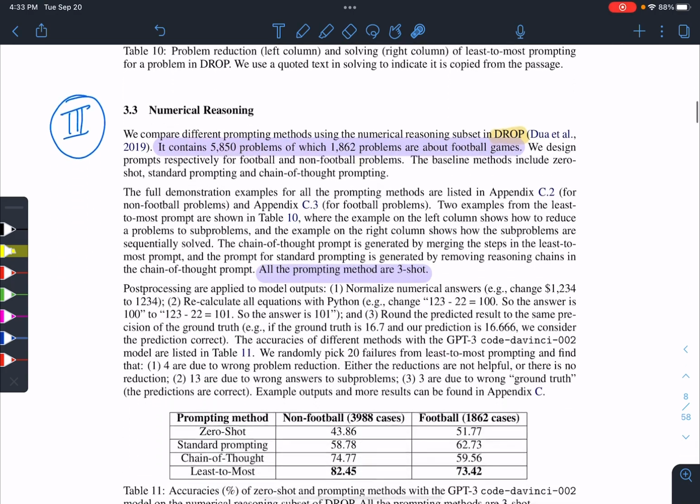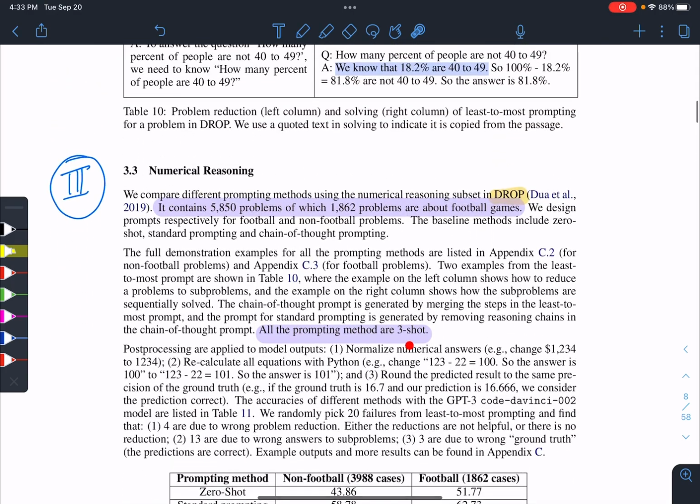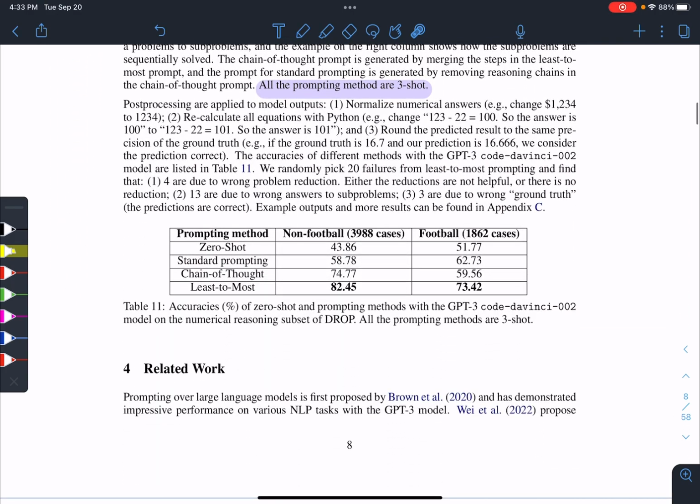All of the methods are 3-shot. Zero-shot means we don't have any examples. In standard prompting, we have 3 examples. In chain of thought, we still have 3 examples with some explanations, and in this one the examples are related, with sub questions answered.